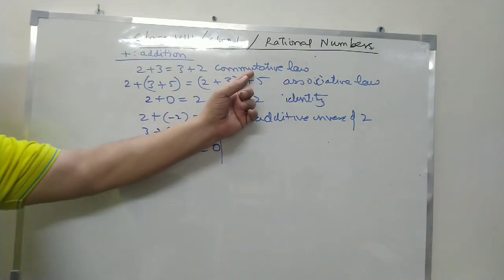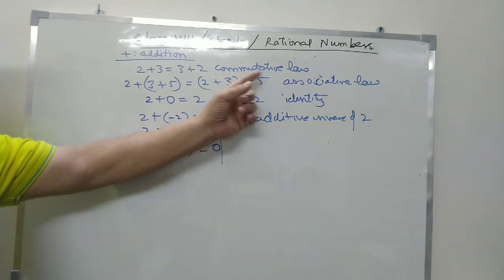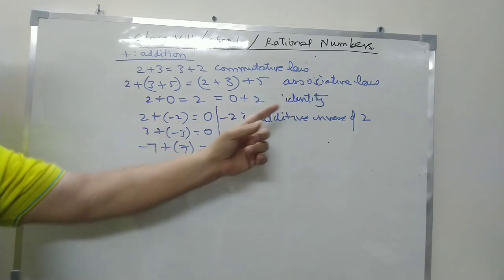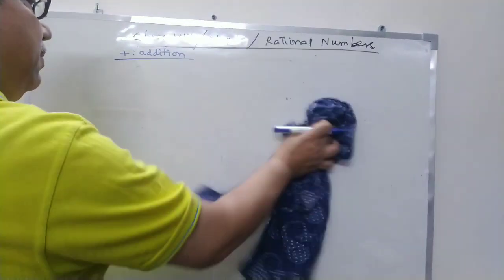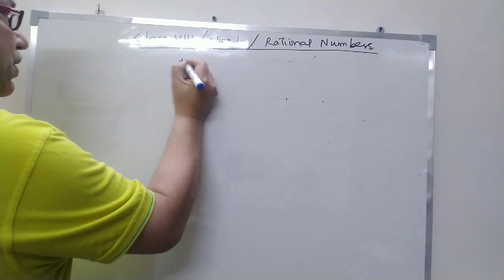Now these are the 4 properties of addition I've talked about: commutative, associative, identity, and inverse. Now let us see whether these properties are also going to be there when we talk about rational numbers. Just give me a moment. Remember, I'm talking about addition.